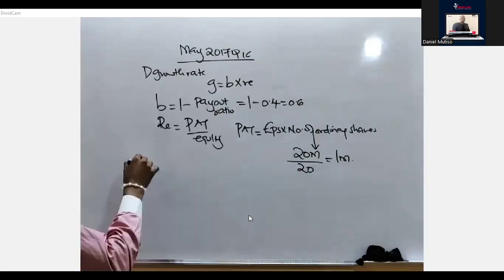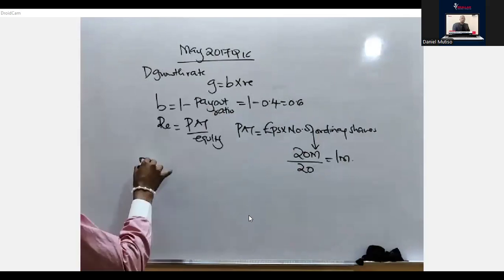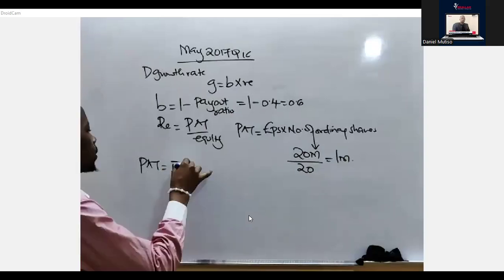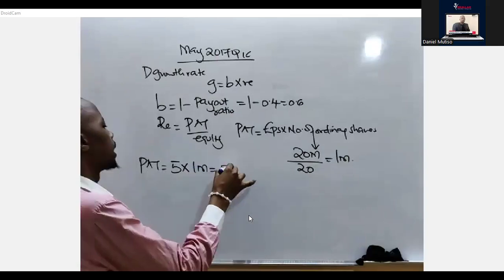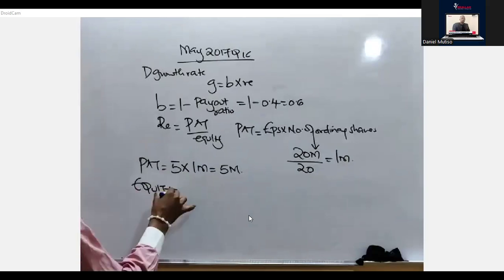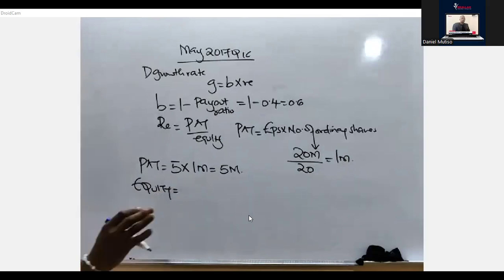So to get the profit after tax, we take the earnings per share, which is 5, and multiply by 1 million, getting 5 million. What about the equity? The equity comprises the ordinary share capital from the capital structure plus the reserves.